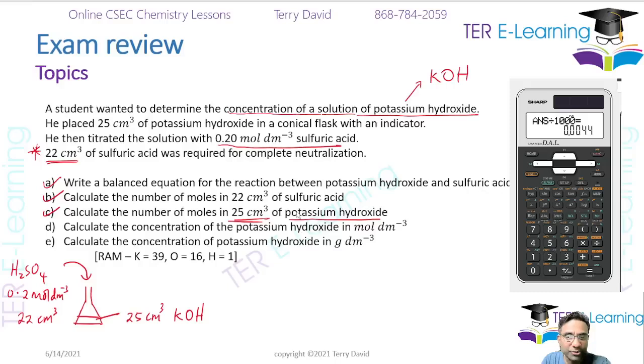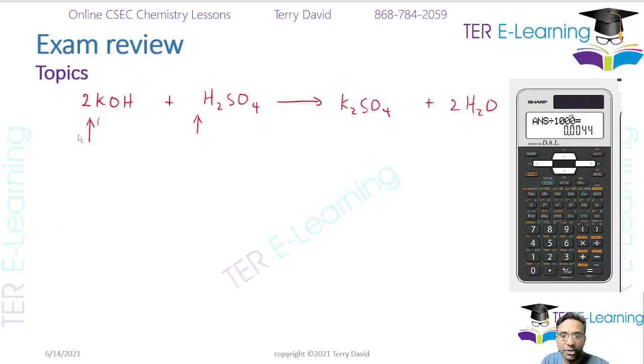Now, let's look and see what we're trying to work out. We're trying to work out the number of moles of potassium hydroxide. Now, when I'm writing my statement, because I want to work out number of moles of potassium hydroxide, my statement has to be written in such a way that potassium hydroxide is on the right hand side. So let me show you what that means.